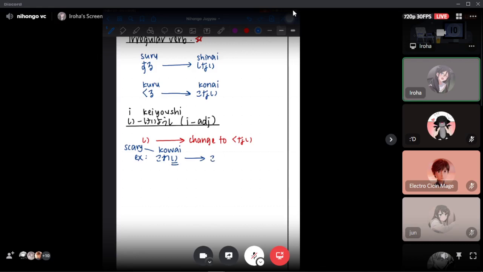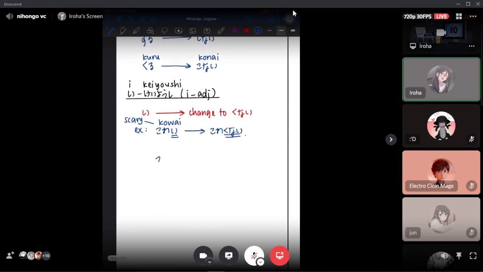So it will become kowakunai. Another example would be kawaii. You take the last i hiragana and change it to kunai. So it will become kawaikunai.